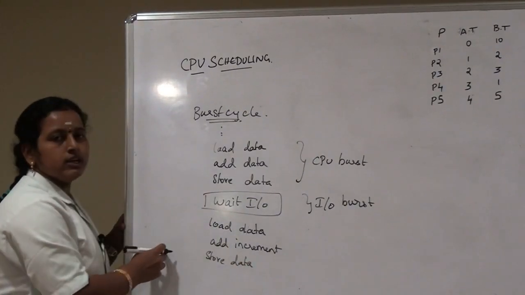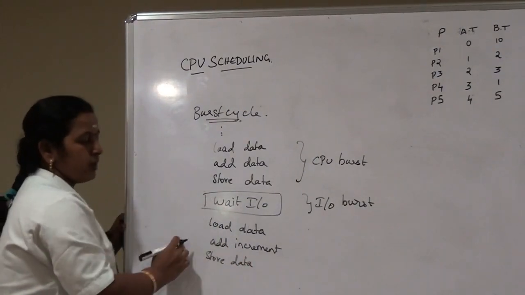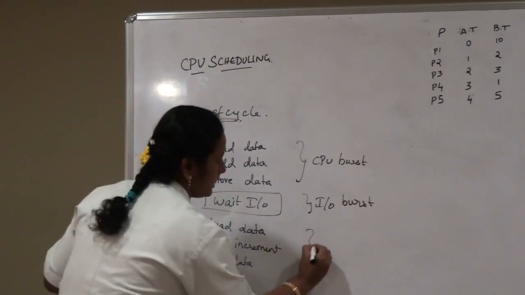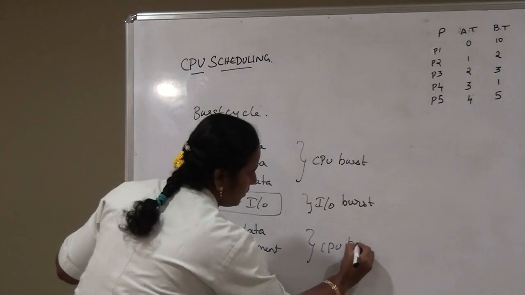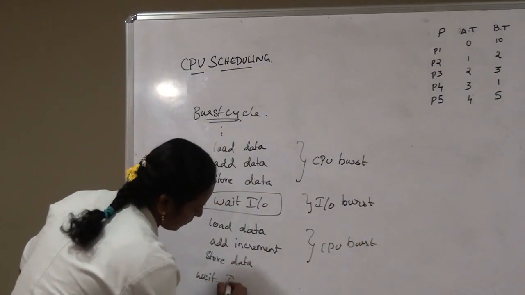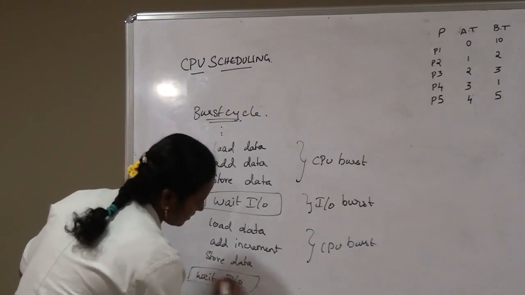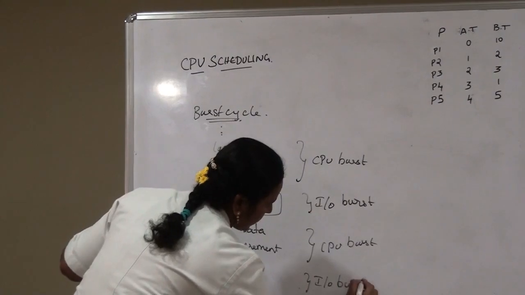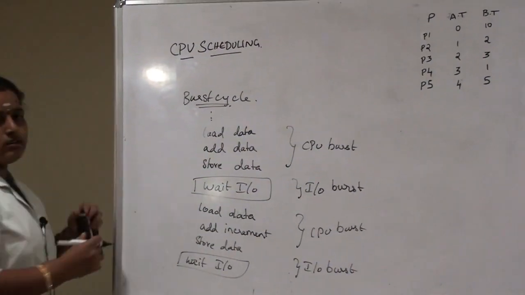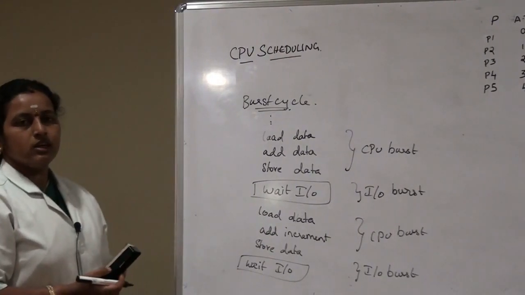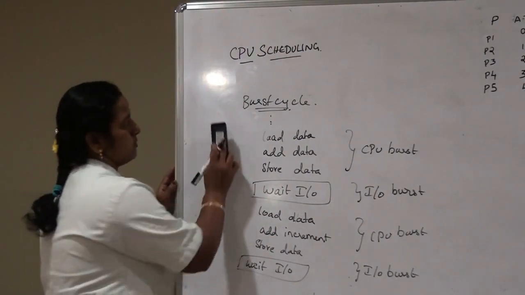So this is for the next process. This is for process 1, process 2, and like that the consecutive processes will be taken. Again the CPU burst, again wait for IO, the IO burst. So like this, the burst cycle is also mainly considered in scheduling concepts.